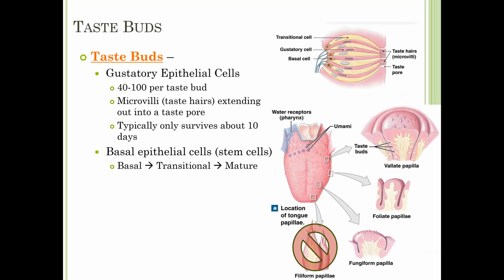So a taste bud also has a supply of basal epithelial cells, and that is shown in this image up here as these darker light brown colored cells that are circular back here. These act as stem cells, so they start out as this basal cell, and then as they grow, they become a transitional cell, which is shown in yellow, and then they mature into a fully functioning gustatory cell, which has those little microvilli on it.